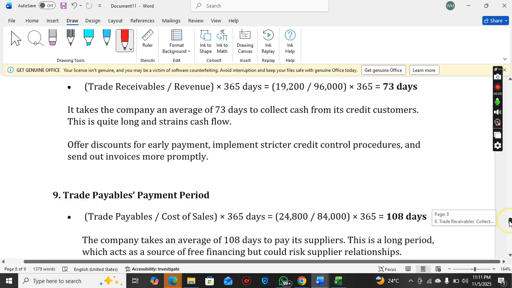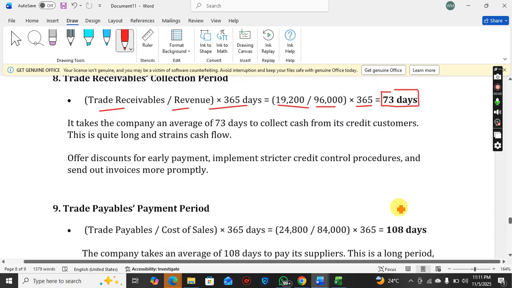Then the trade payables payment period: how long does it take us to pay our suppliers? Remember, as a business, sometimes you can delay paying your suppliers so that you use that money for other things, and when it comes back you can pay them.